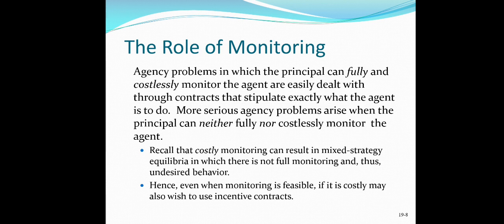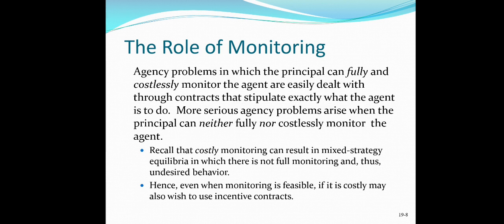The CEO has to sign a contract before accepting the position as a CEO. The principal or board of directors design the contract to make sure that the manager works for them. So they use the contract to minimize the agency problem.